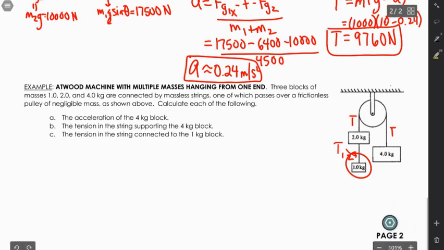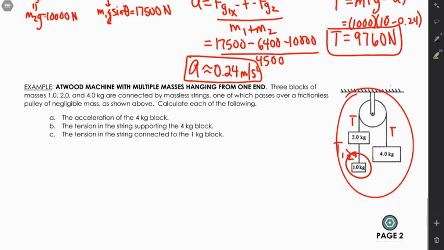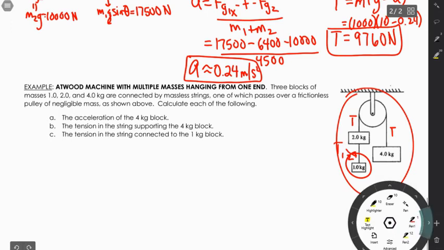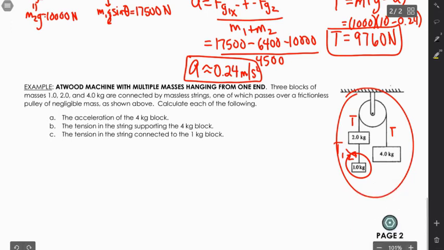Okay? So, system. This one you have to be careful with, though, because sometimes you may forget that the 2 kilogram block adds to this system, right? How many blocks do I have? 3.